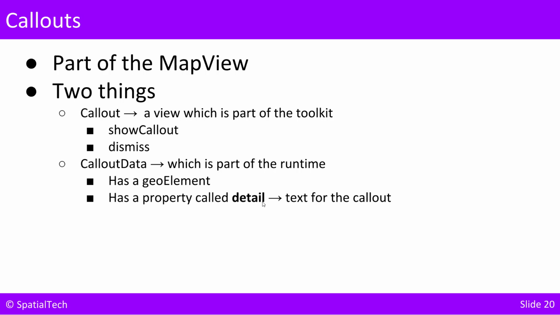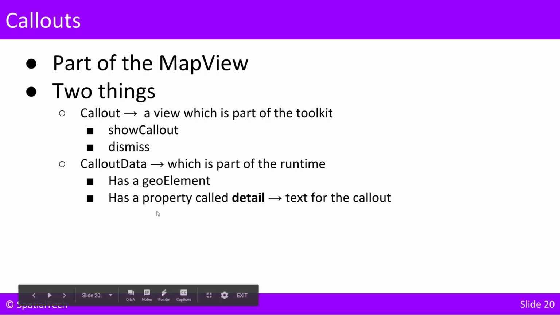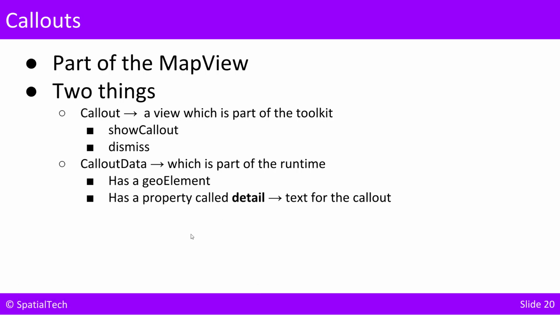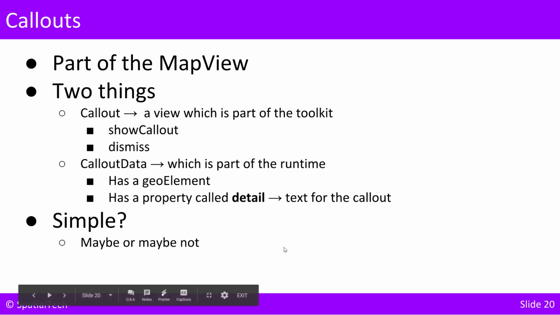This is a generic blob of text. Now it could be based on pulling values from a bunch of columns, but it's typically a big chunk of text that gets displayed and that you make up. And that's typically stored in detail for a callout data, and then you put that into your callout, which is the view part that the user is going to see. Now, is this simple? Maybe it's simple, maybe not.